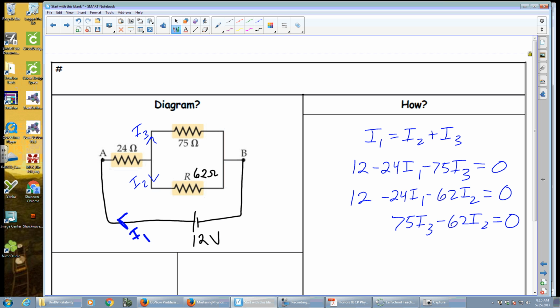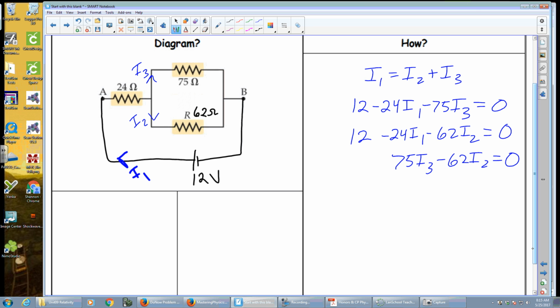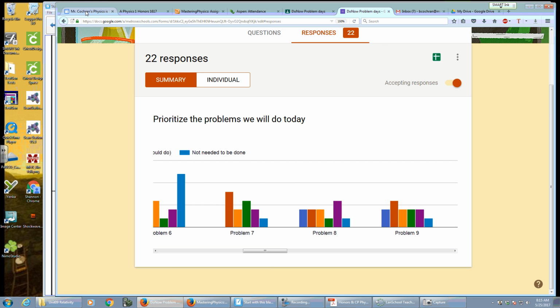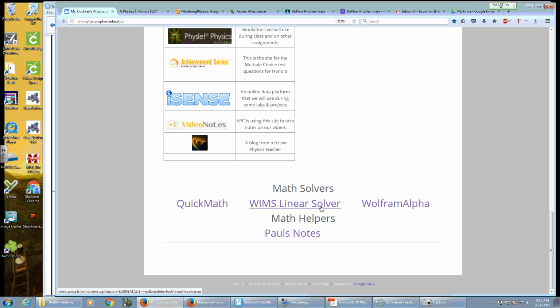Right? I mean, you guys are old hands at that. And now all I'm doing is I'm going to put that in one of the solvers. So I think I'll retreat to my keyboard to do that. So let's see. We'll use one.